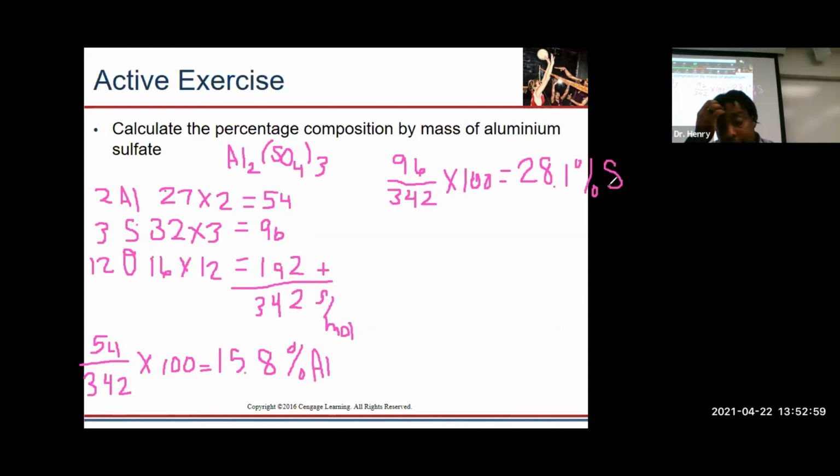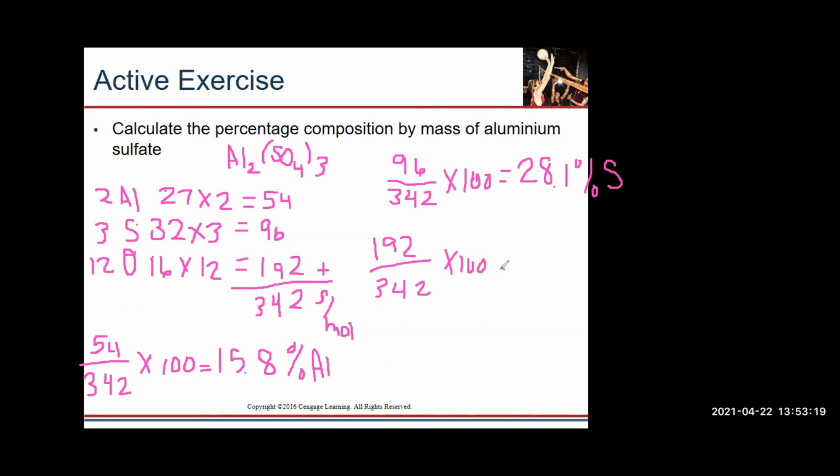And if I wanted to calculate the oxygen, there's two ways of doing it. I could use the 192 divided by the 342 times 100. Or could you just add up the aluminum and the sulfur and subtract that? That is correct.